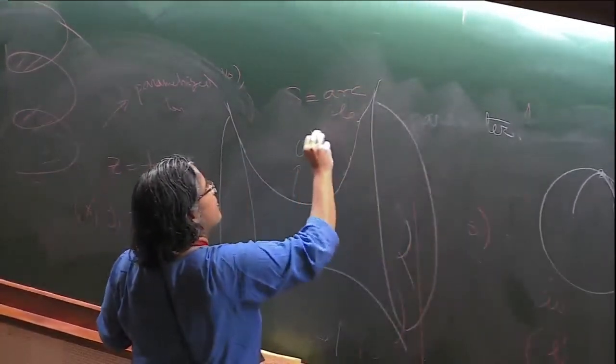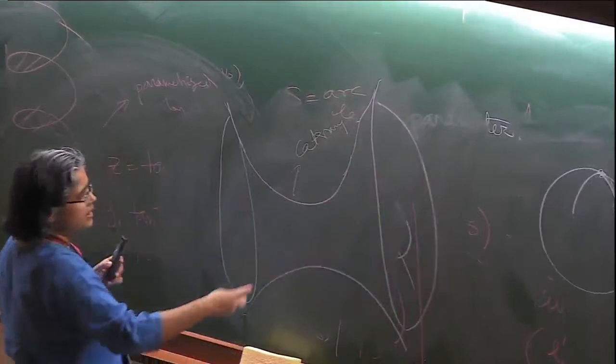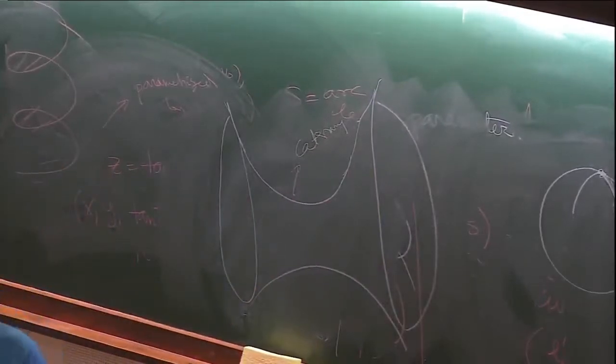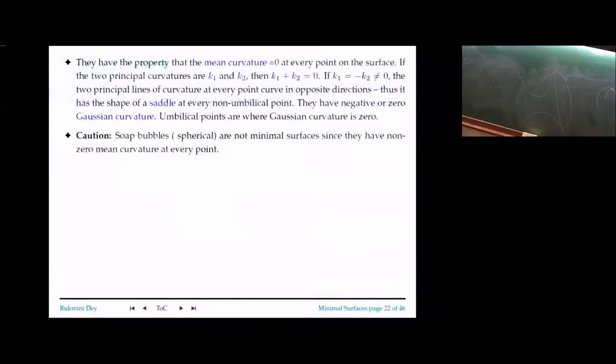So this is a catenary. You revolve a catenary about an axis, you get a catenoid. So this is a catenoidal soap film. And what is their property? Well, remember that I talked about the mean curvature.